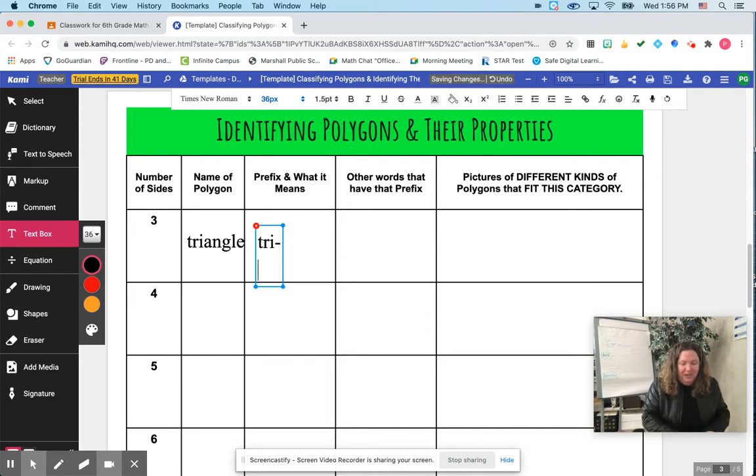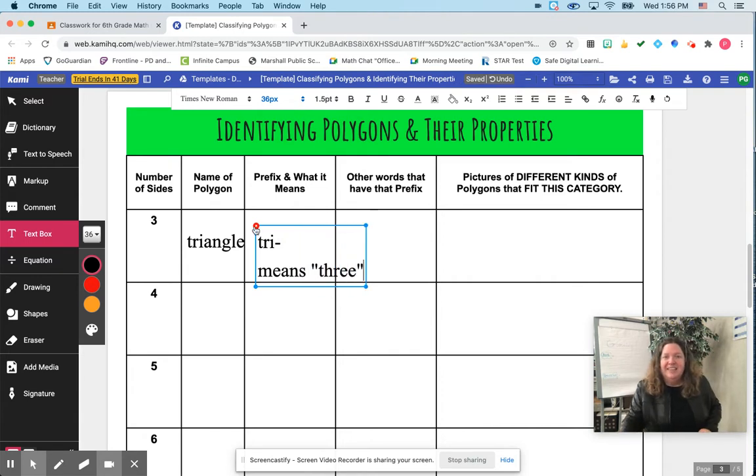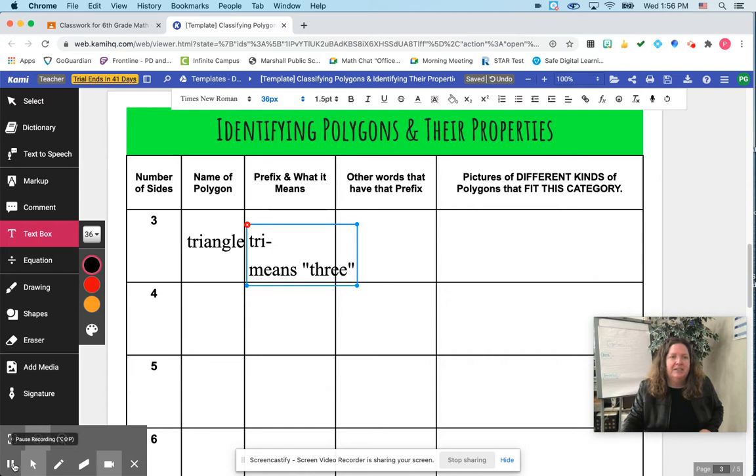I hope you know it means 3. That's what triangle means. It means it has 3 angles. So you see me typing on this doc. You can absolutely do that. Remember, you could type with the text box. You could write with your writing tool. That's absolutely fine. Now, I'm going to pause and show you another doc that we're working on.